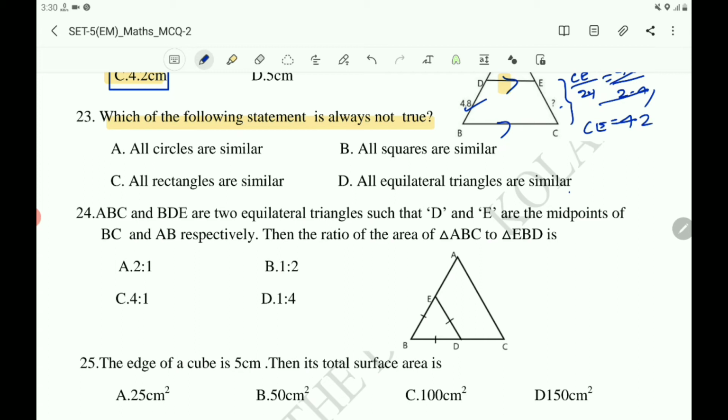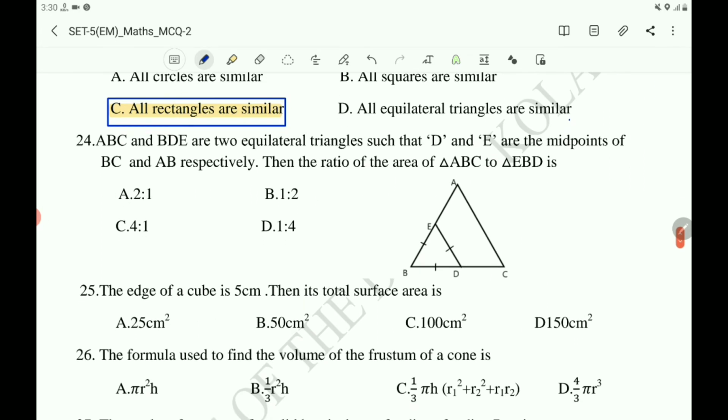So which is always not true. Sometimes you may get, if the ratio of the corresponding sides are proportional, then you can say, but here it is not always. So option C is always not true. So the answer is option C.